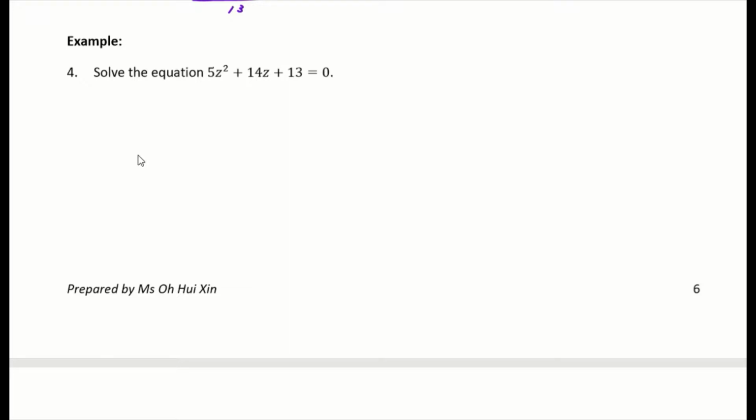When you check the b squared minus 4ac, you should be able to realize that you have 14 squared minus 4 times 5 times 13. 14 squared gives you 196, then minus 20 times 13, so 260. It's going to give you a negative number, lesser than 0. So this is the idea that there are no real roots.